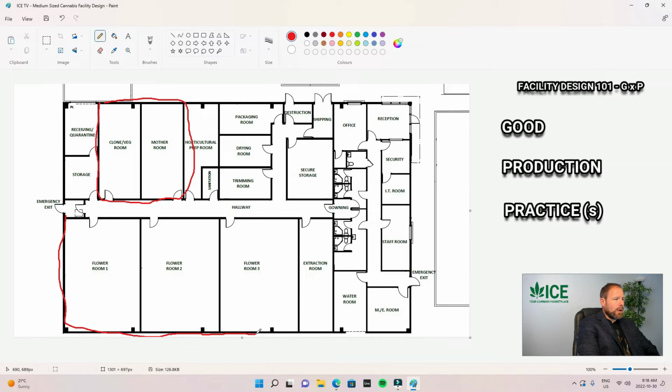It could be mother, clone, flower, veg, it could be all these rooms here. Even lab, to some extent. The point is it's a good production practice on how you're producing cannabis. It's the growing cycle. It's everything you're doing within those rooms to ensure that the quality of product is there.